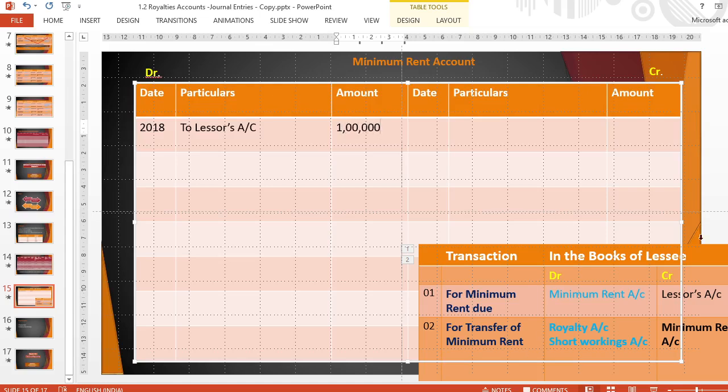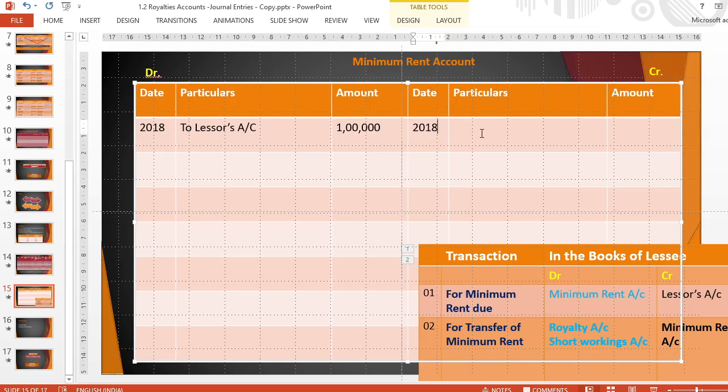And the second transaction is for transfer of minimum rent. As far as transfer of minimum rent, the entry is royalty account debit, short workings account debit, minimum rent account. So on the credit side of minimum rent account, I will record these two entries.